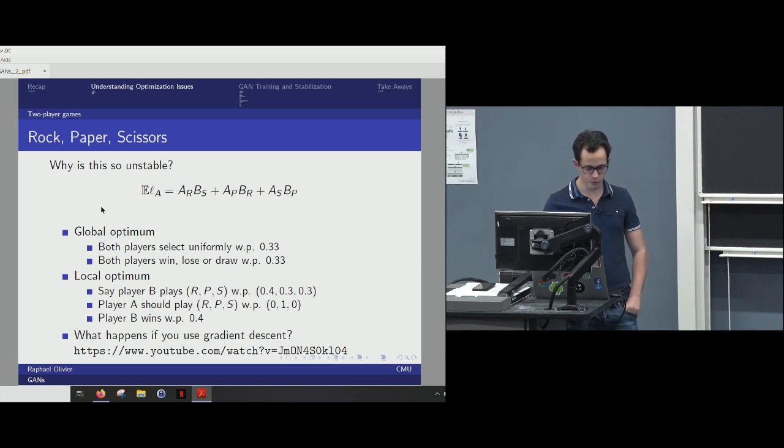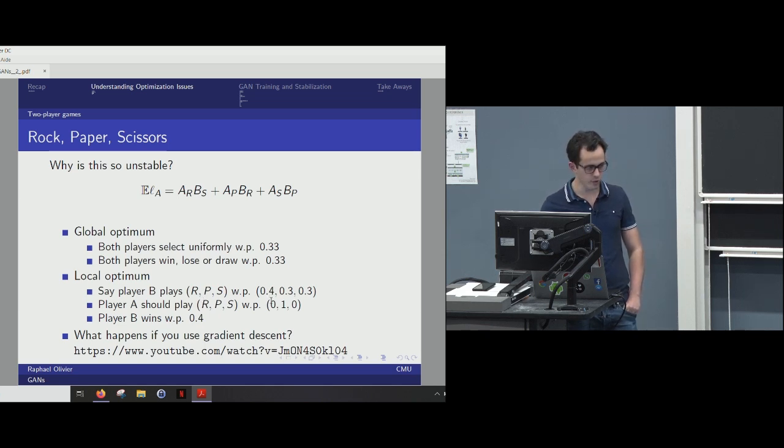I don't know if it makes sense for you, but from an instinctive perspective, it makes sense, because as long as you have a strategy, there is at least one strategy that can counter it. So the only way to be unbeatable, in a way, is to be completely random and draw each of the 3 things independently with probability 1/3.